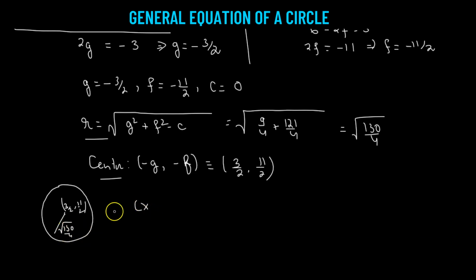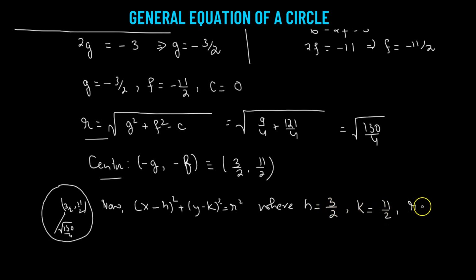The standard form is given by the equation (x minus h) whole squared plus (y minus k) whole squared equals r squared, where h corresponds to the x coordinate, so that's 3 over 2, and the k value corresponds to the y coordinate, so that's 11 over 2. The radius remains the same, square root of 130 over 4. So let's substitute all these values. We get (x minus 3 over 2) whole squared plus (y minus 11 over 2) whole squared equals the square of the radius, that is 130 over 4.